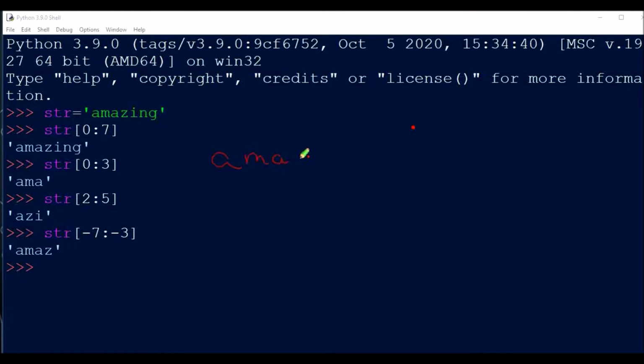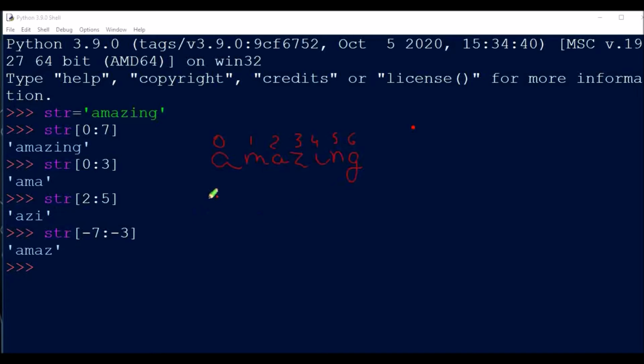So how is it counted? Let us write the string AMAZING. So now if I talk about the positive index, then this will be 0, 1, 2, 3, 4, 5 and 6.